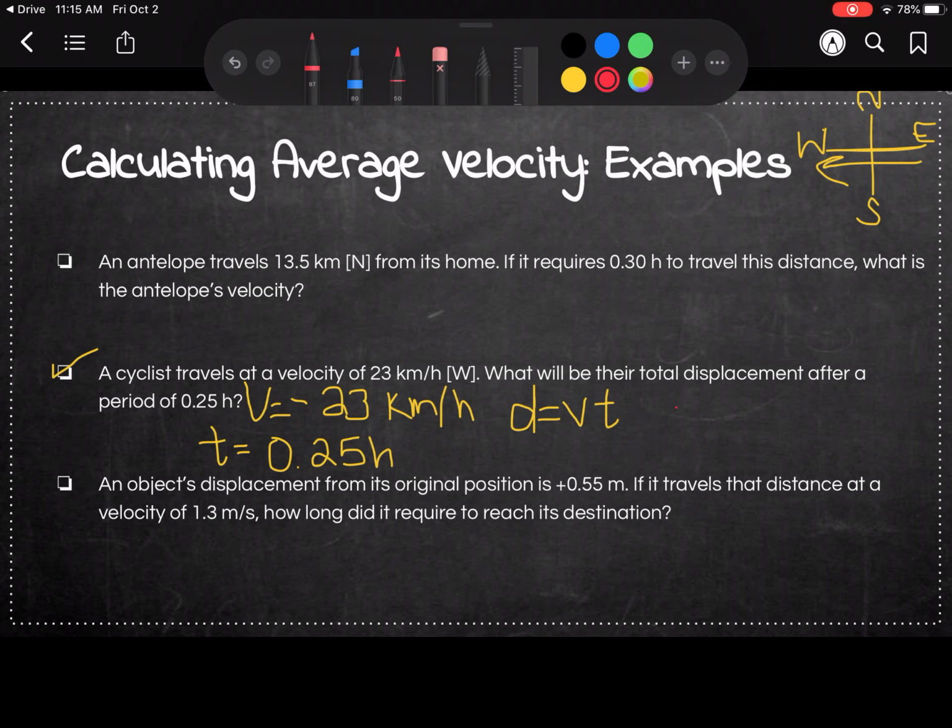So if we're plugging ours in, we would go negative 23 kilometers per hour multiplied by the time, which is 0.25. This is multiplied just so you can see. And when we do that, I'm going to write the answer over here.